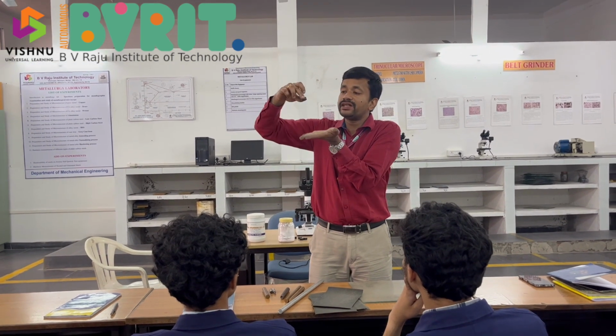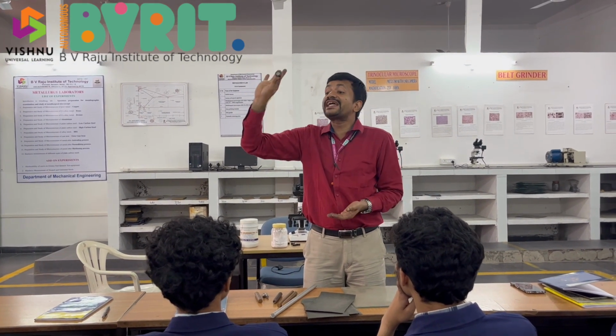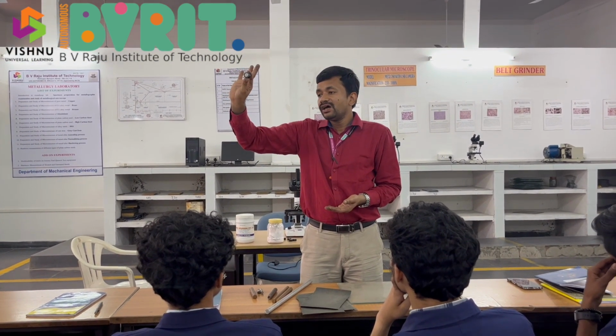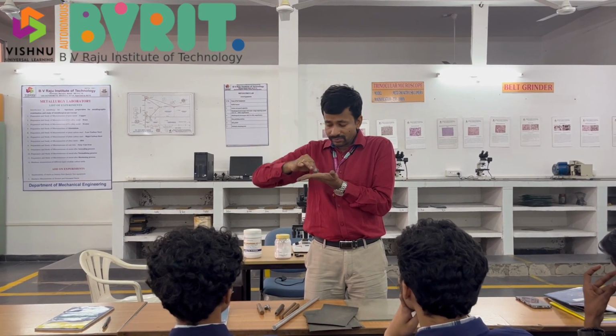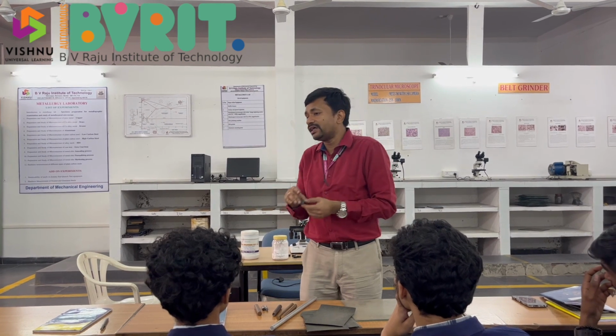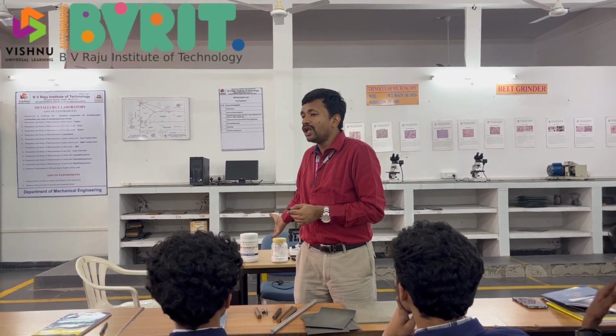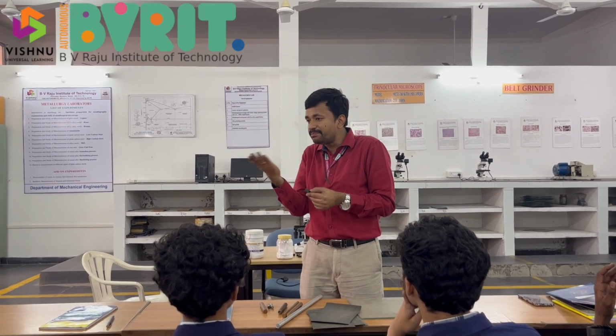On the top of the disc, we are going to place this scratch free specimen, and then we are going to apply a very little amount of force, and we are going to apply that water mixed with alumina powder as a slurry medium between these two.